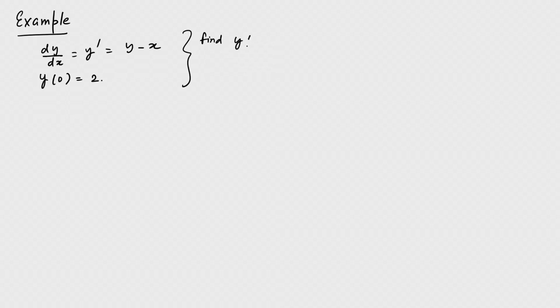It is dy dx which is equal to y prime which is equal to y minus x, and the initial condition is given as 2. So, the statement of the problem is to find y at 0.1 and y at 0.2, say correct to 4 decimal places, just to specify more clearly.